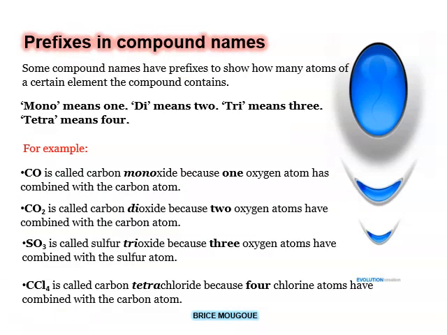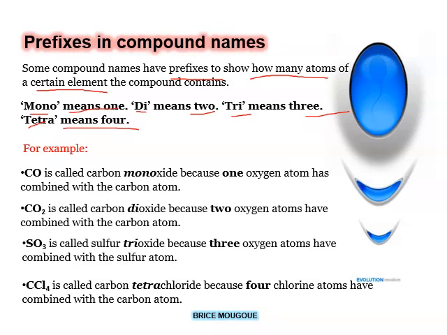Additionally, we could attach some prefixes to the names of some compounds. These prefixes are there to show how many atoms of a particular element are found in that compound. For example, we could have the prefixes mono, which means 1, di, which means 2, tri, which means 3, and tetra, which means 4. Now let's look at these examples.